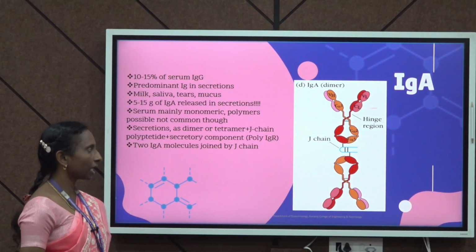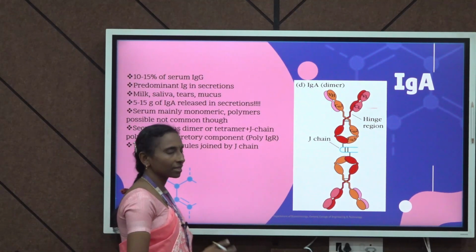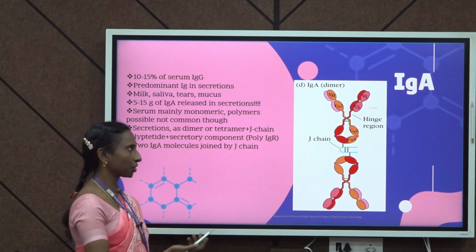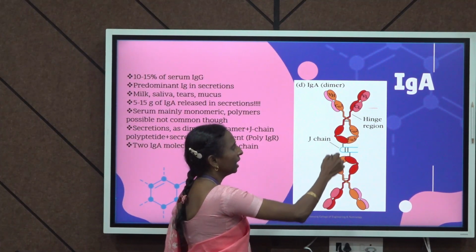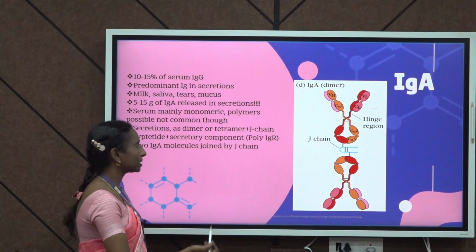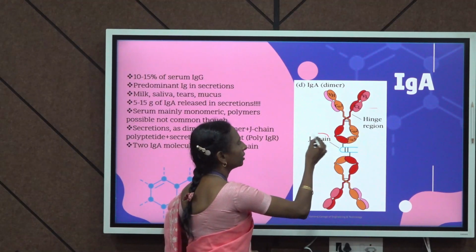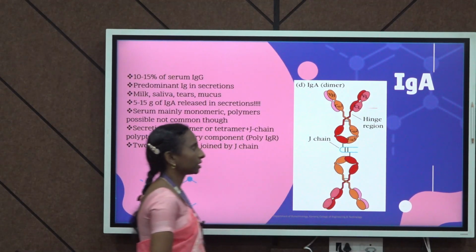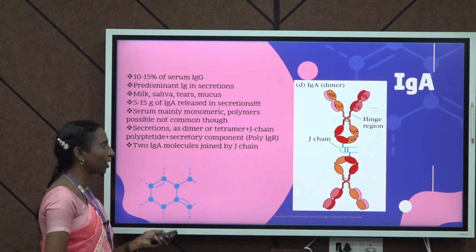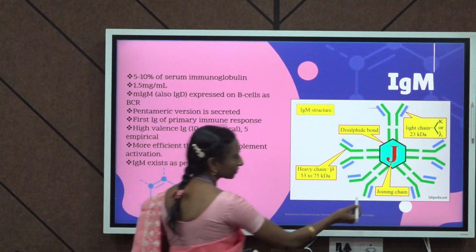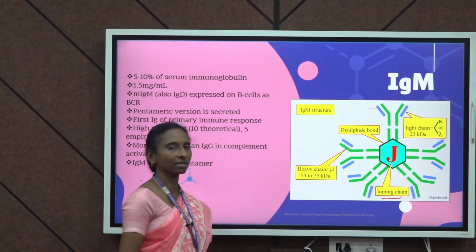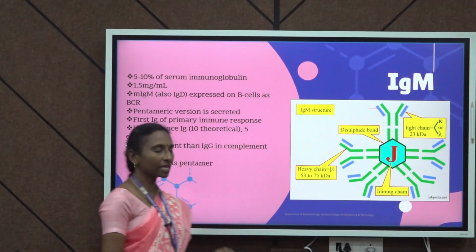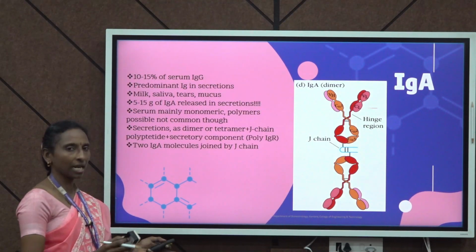Then coming to IgA, this particular antibody is quite unique in its structure. They exist as dimers, and the 2 molecules are joined by something called the J chain, which is unique when compared to the other types. The J chain is also found in IgM, and is known as the joining chain, which holds the different monomers together to form the actual antibody.